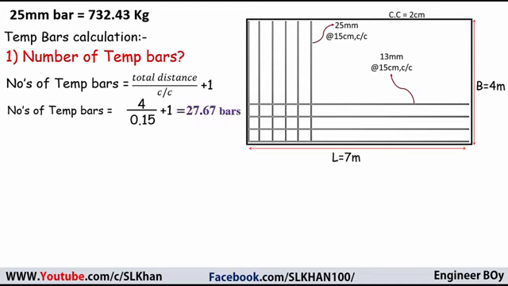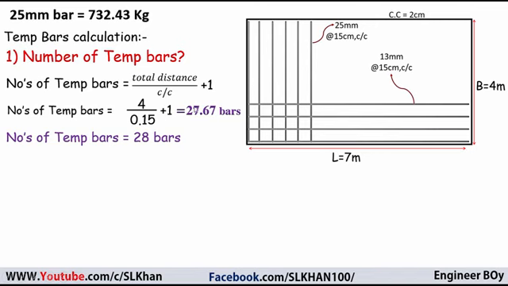So the number of bars can be 27.67 bars, and again it is not a complete figure, so we're going to add 1, we're going to complete this figure to 28. We can say 28 bars can be provided as temperature bars. All right, we cannot decrease the value. As you can see, this is 27 bars.